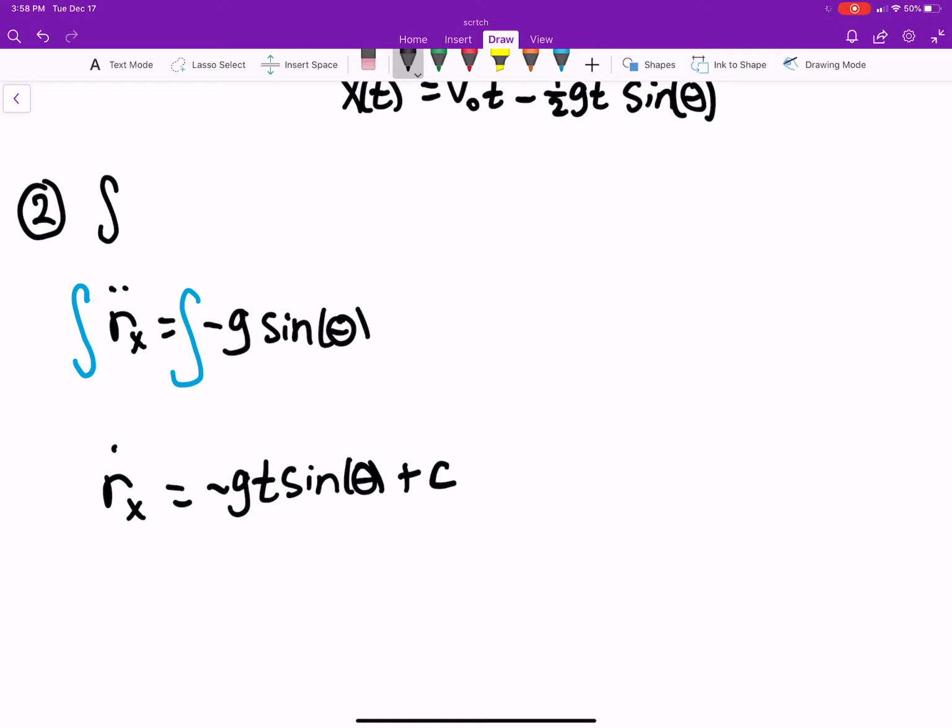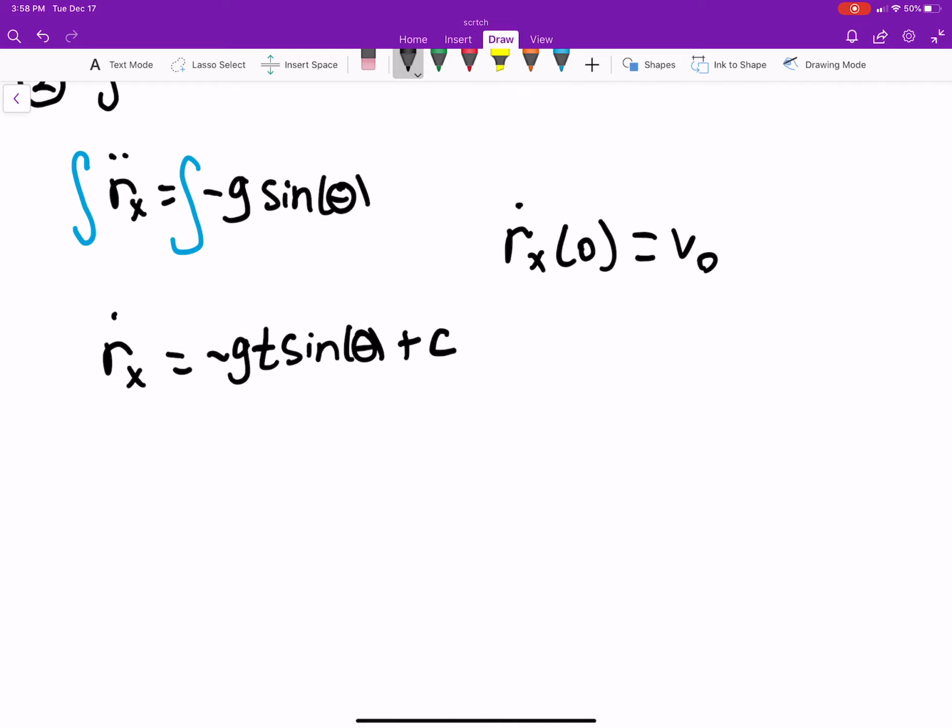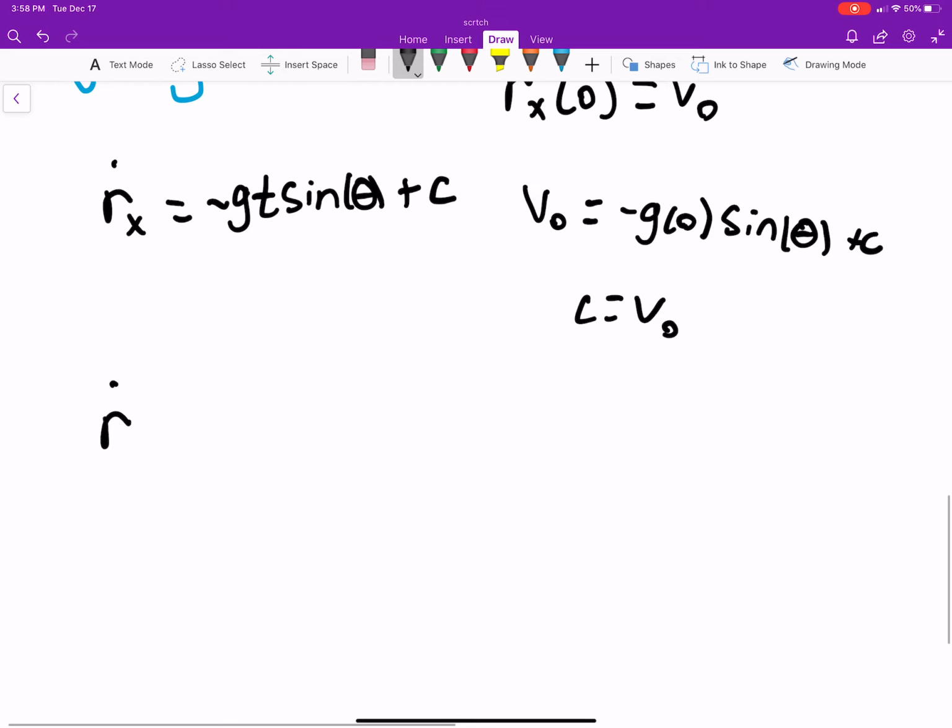And what do we know? We know that our velocity at time 0 is equal to v naught. So v naught equals minus g times 0 times sine of theta plus c, or c just equals v naught. So our velocity is equal to minus g t sine of theta plus v naught.